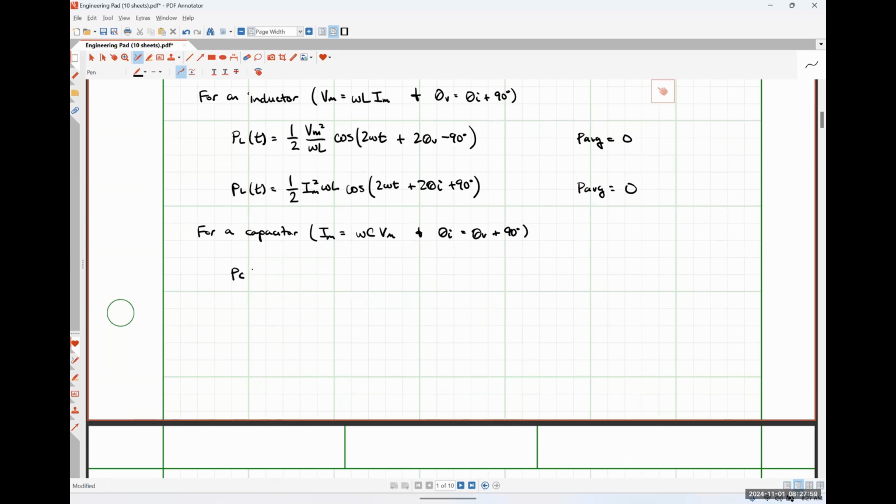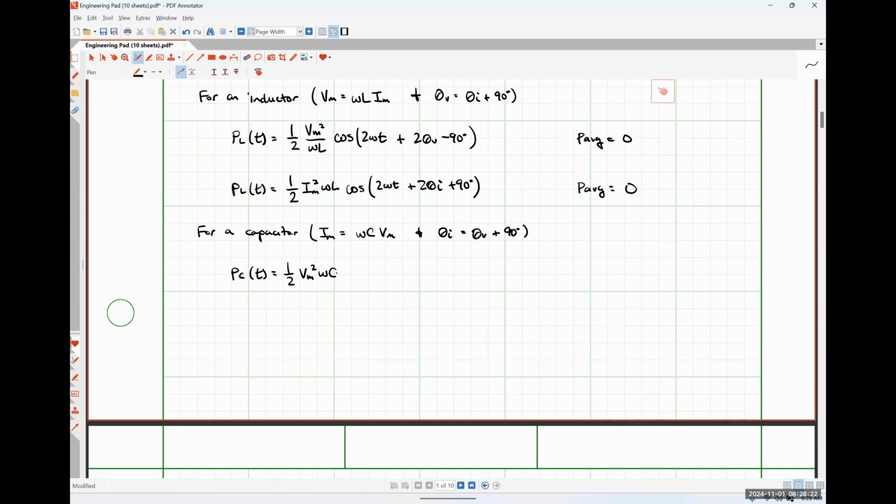So our instantaneous power relationship is going to look like 1/2 Vm squared times omega C, because dividing by 1 over omega C is the same thing as multiplying by omega C. Cosine of theta V minus theta I is actually going to look like cosine of negative 90 degrees in this case.